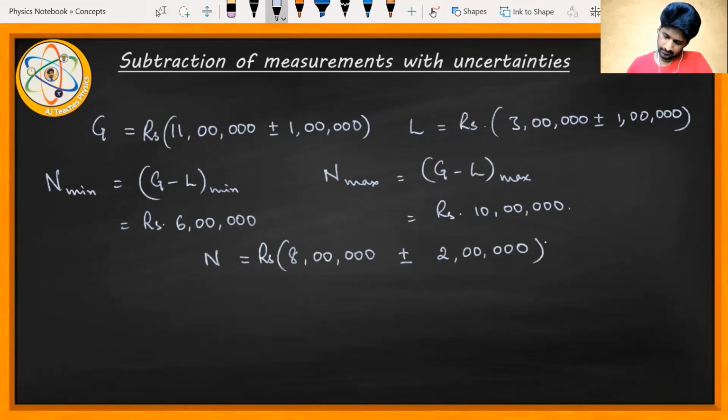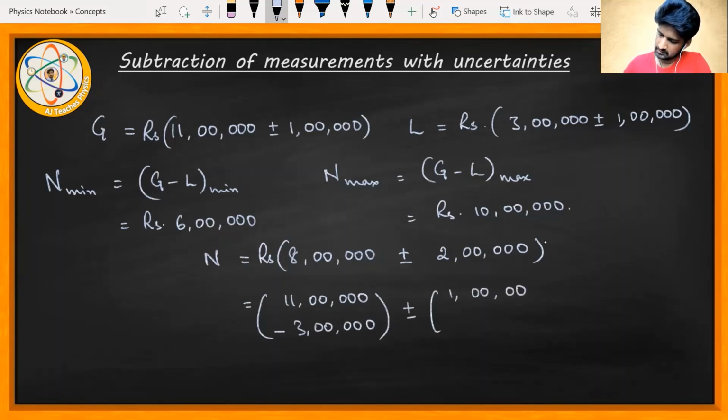Now, if you observe, 8 lakh is 11 lakh, which is the true value of G, minus 3 lakh, which is the true value of L, plus or minus 2 lakh, which is 1 lakh, the uncertainty in G, plus 1 lakh, the uncertainty in L. So what we see here is when two terms are subtracted, their uncertainties are still getting added.